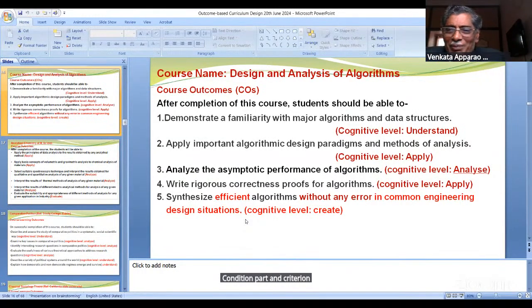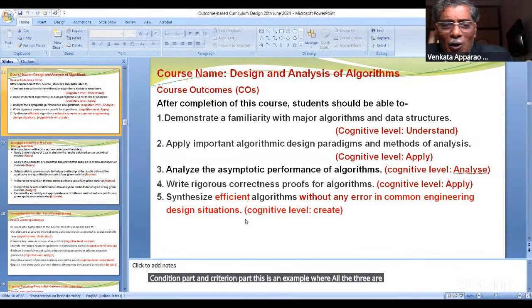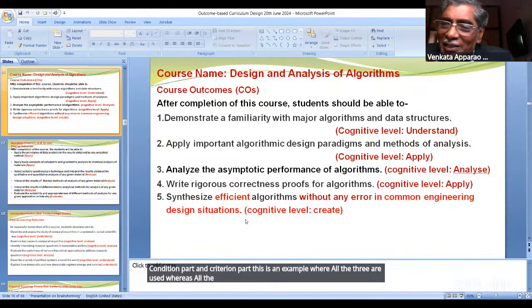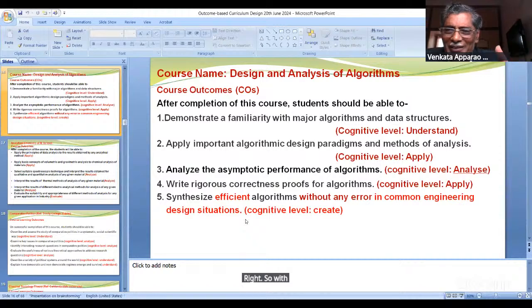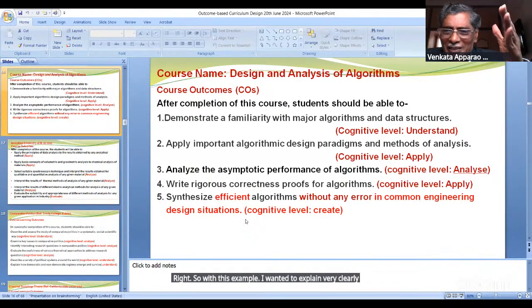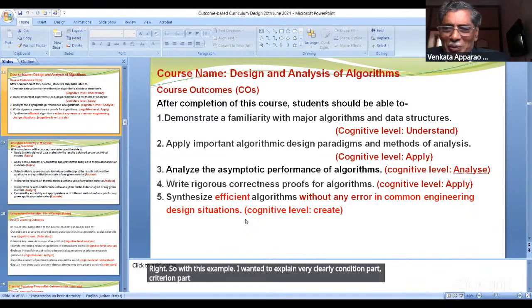This is an example where all the three are used. Whereas all the other four COs consist of only performance part. So with this example, I wanted to explain very clearly condition part, criterion part, and performance part, and common stem.